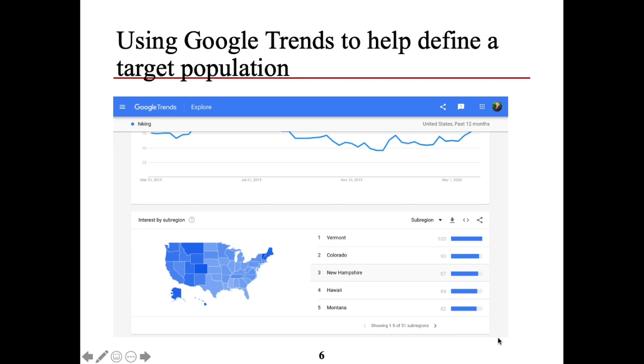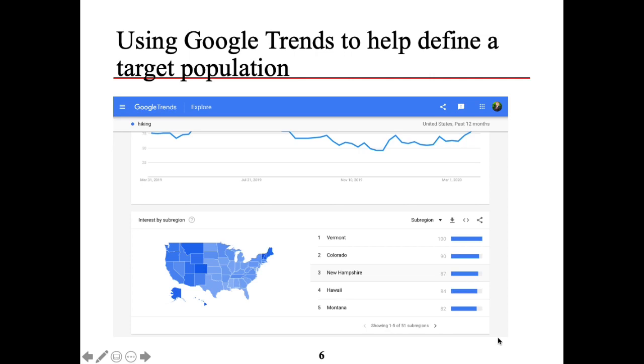The reason why we might want to sample in these geographic regions is because these are the people who are most interested in hiking. And if we were to obtain a sample from these areas, we're probably going to have a good generalizable sample to our overall population of those who are serious about hiking.